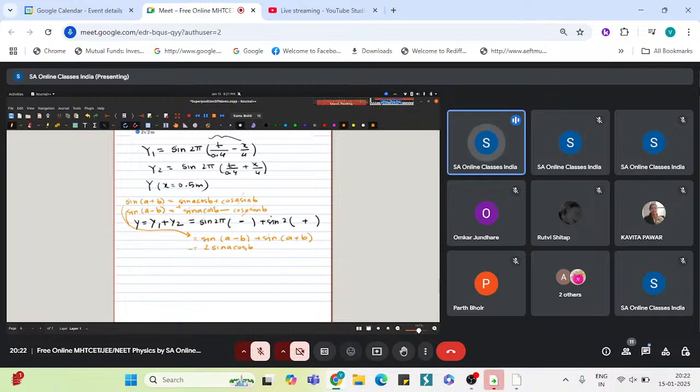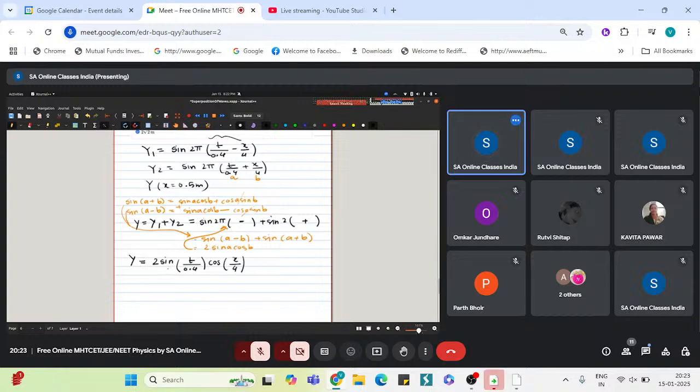And now we can easily use this relation over here as well to write y as 2 sine a cos b, this is going to be a, and this is going to be b. So we can write that as 2 sine (t upon 0.4) into cos (x upon 4).